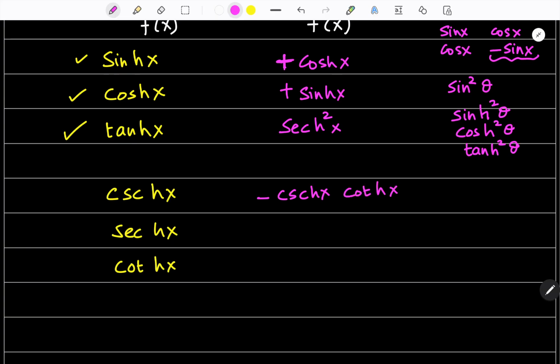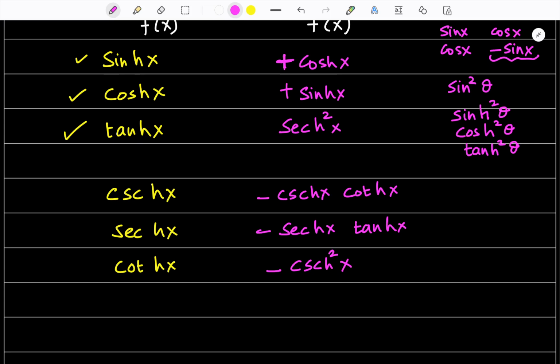Secant: minus secant hx tan hx. And cot is minus cosecant h square x. These are the formulas; you need to memorize them.